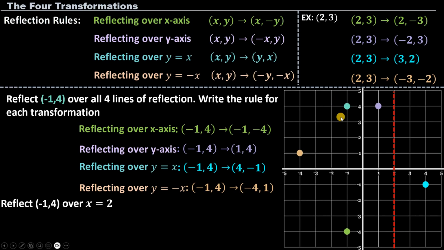So if we look at my point, (-1, 4), that point is 3 units away from that line of reflection. So if that's the case, then I need to take my point and take it again another 3 units in the opposite direction. So then 3 more units up from x equals 2 is going to be 5. So my point is going to end up being (5, 4) once I do this reflection.